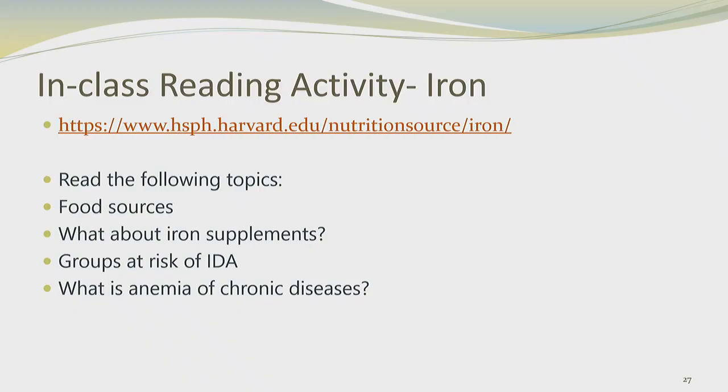So we talked about how iron loss is typically through some form of bleeding, right? And so people with stomach ulcers might also be at risk of iron deficiency anemia, just because they might have bleeding lesions in their gut. Any other groups linked to hereditary? Yes.